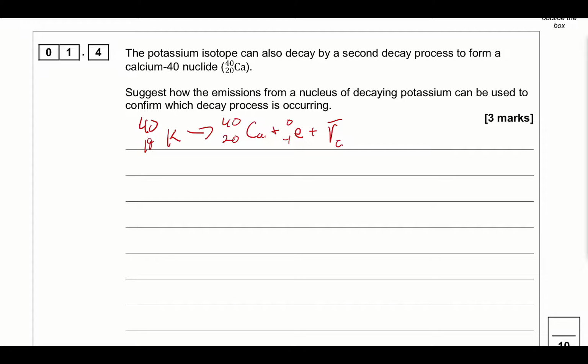So, you can have essentially a detector, like a pair of detectors.